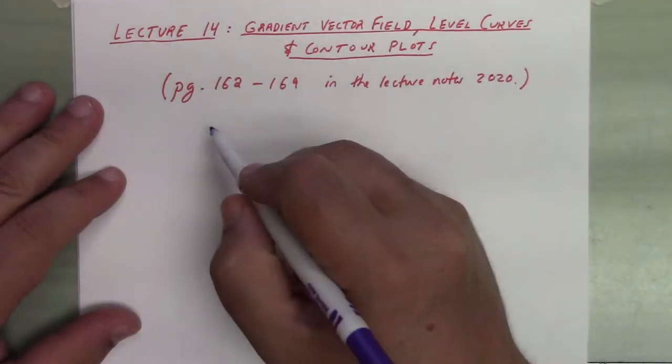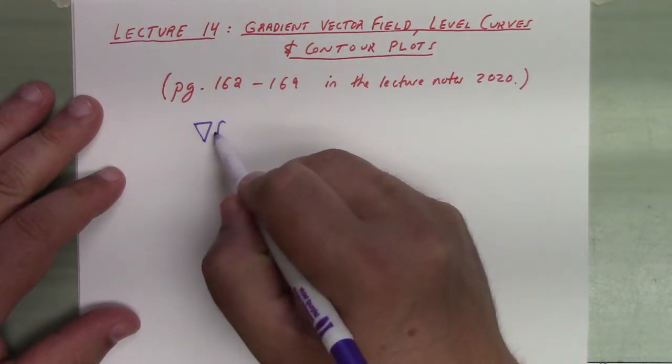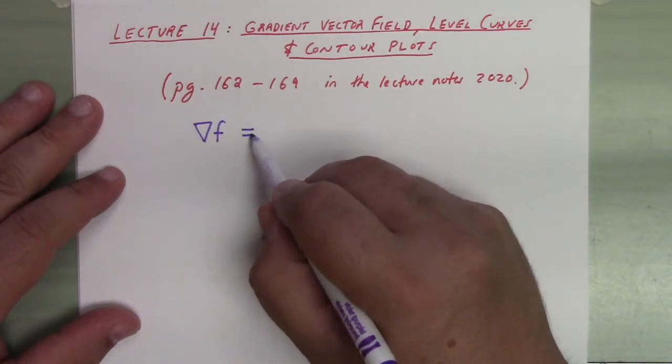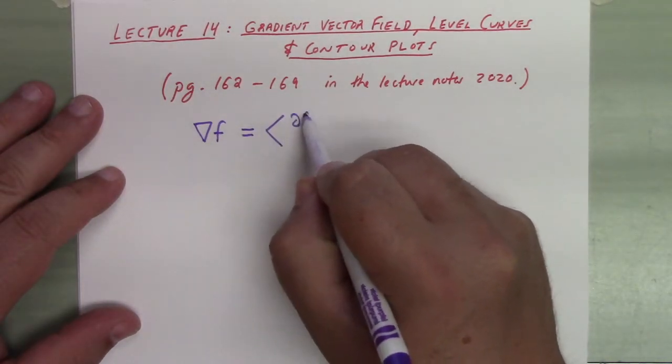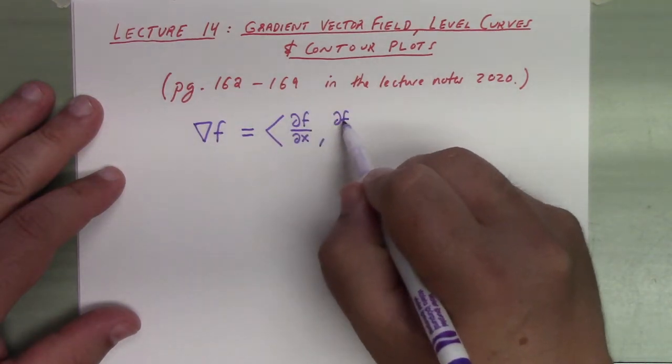But just to remind you, we talked about partial differentiation last time, and we learned that for a function of two variables, we can define the gradient of f, which we write nabla f, and that's equal to partial f, partial x, comma, partial f, partial y.